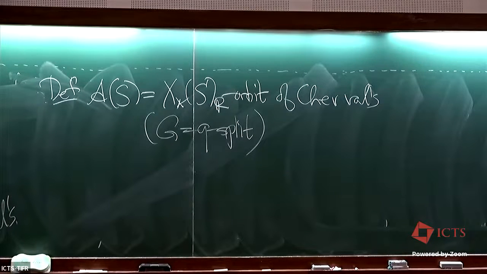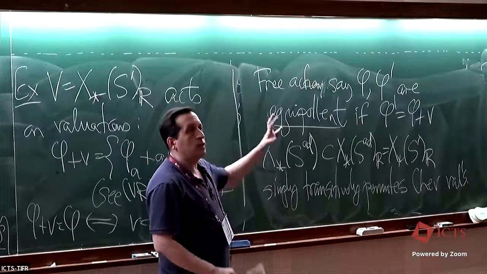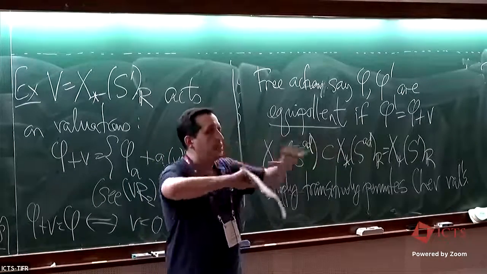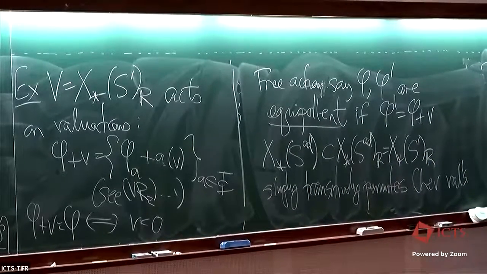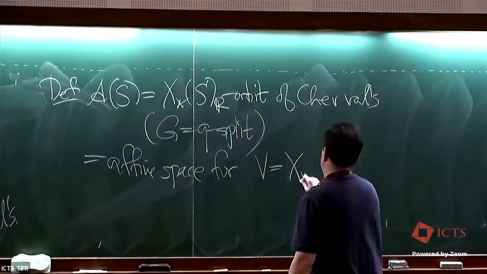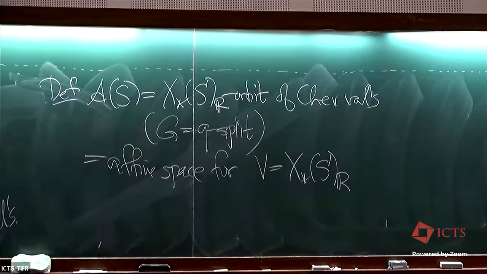It has no distinguished point, but within there, you have this torsor under this lattice, and that's the Chevalley valuation. So you could think about this as an example of an affine space for this real vector space, X star S prime. It has no canonical point. You might think it has a lattice worth of canonical points corresponding to the Chevalley valuations. But regardless, this is just some set upon which this vector space acts freely.